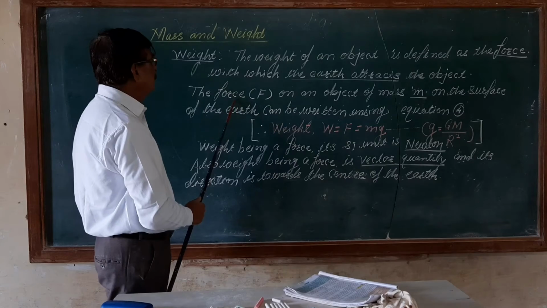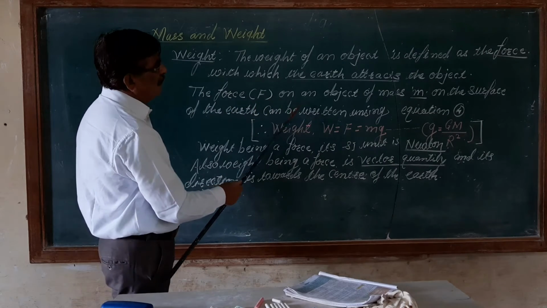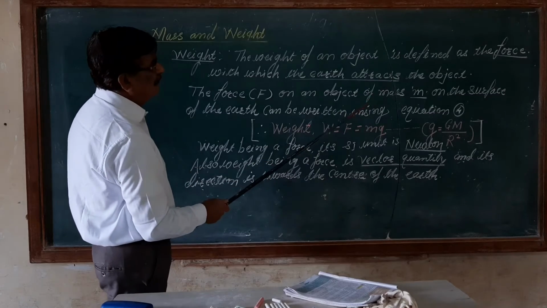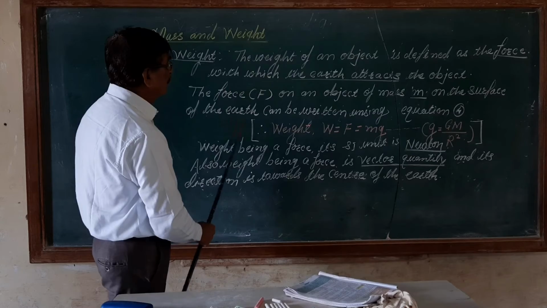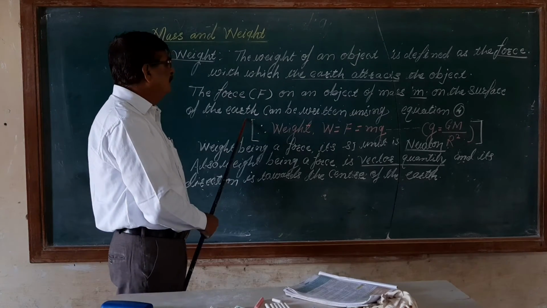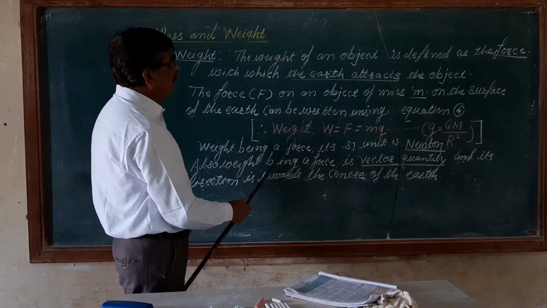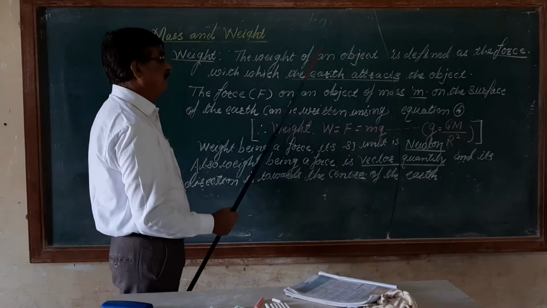The force is represented by a symbol. For an object of mass m on the surface of the earth, whatever the object may be, it has a weight, which can be written using equation number 4.